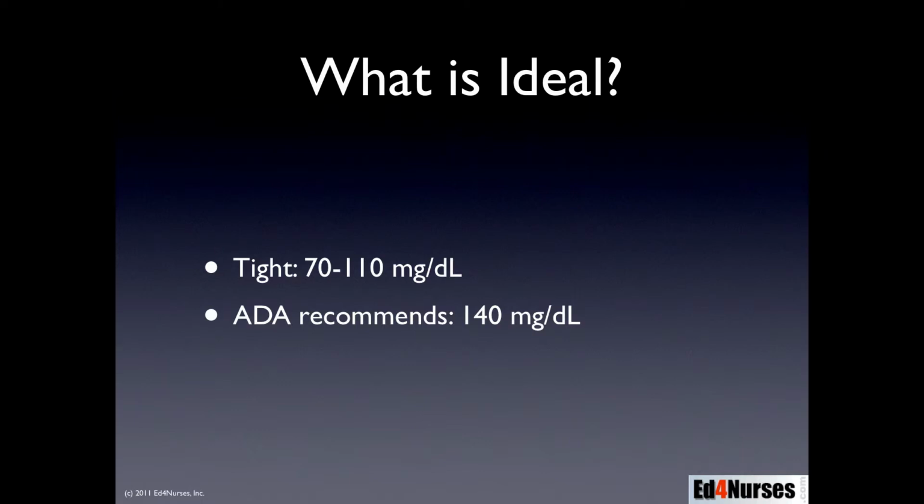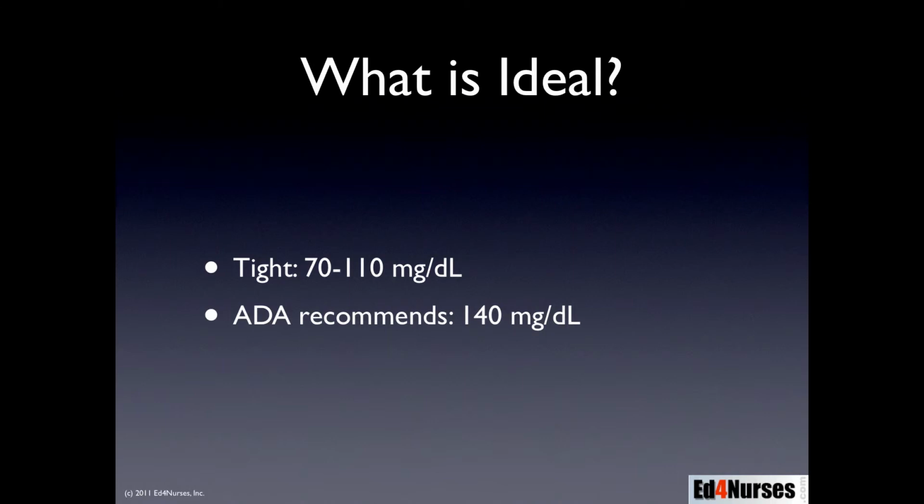It's almost better to have hyperglycemia, but there are a lot of complications associated with hyperglycemia. Those include things like increased intracranial pressure, more complications, and higher morbidity and mortality in our patients. So we don't want to have hyper. On the other hand, we don't want to have hypo because that can cause death to our patient in a very short period of time.